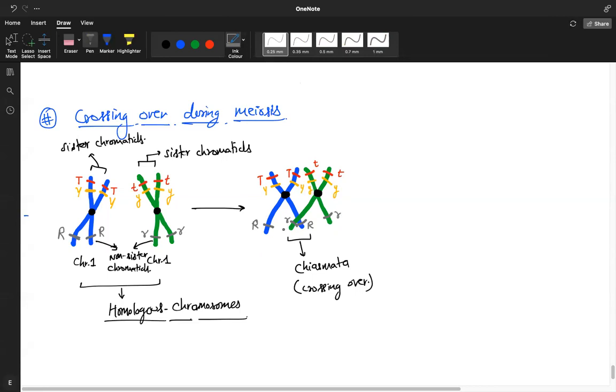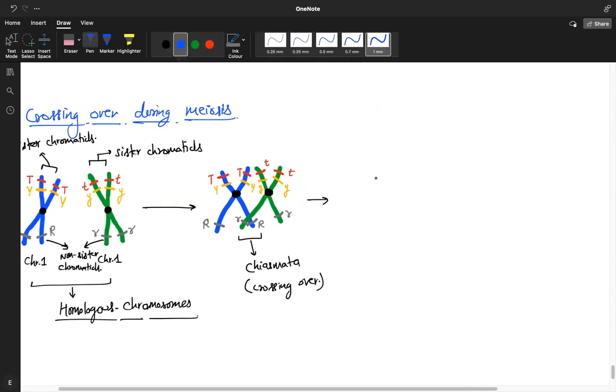So you see that both the R's, the gene R, are getting crossed over with each other. As a result, when this crossing over is over, physically the chromosome breaks from the point where they are crossing over with each other, and gets joined to adjacent chromosomes. As a result, this chromosome will have a green region with it.